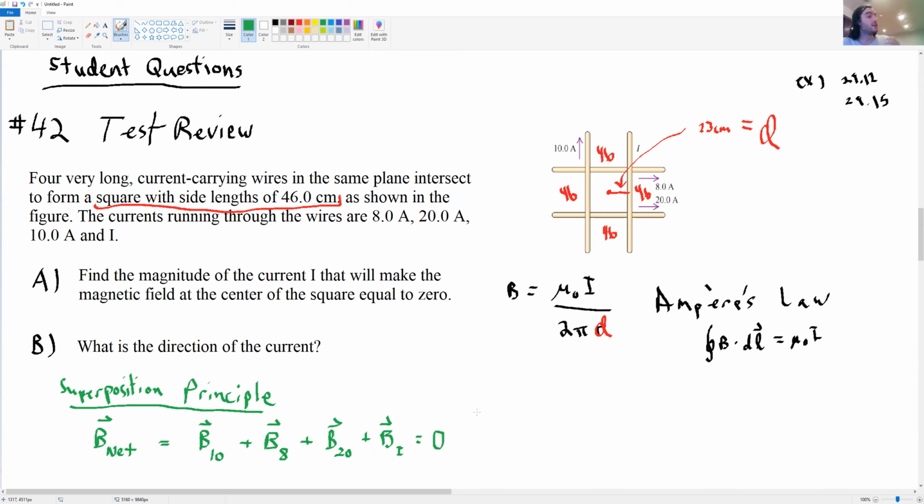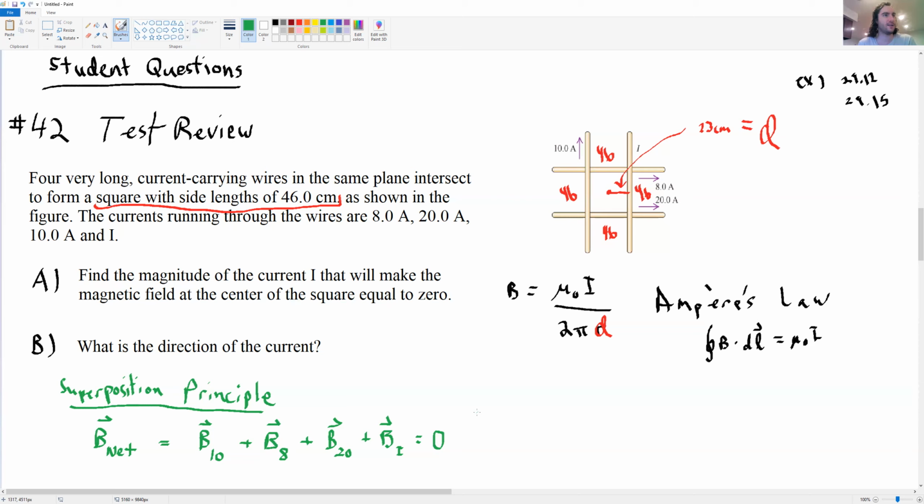Okay. Since we're going to be working with the magnitudes here of the magnetic field, we better make sure we know the direction, because these are vectors, and we're going to add them like vectors. So if we don't have the right direction, we won't know whether we should add or subtract the magnetic fields. So let's start with the leftmost wire.